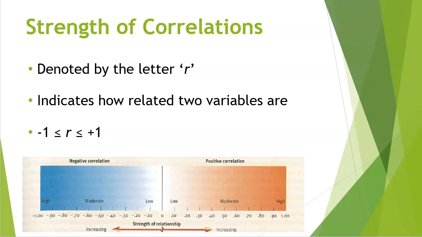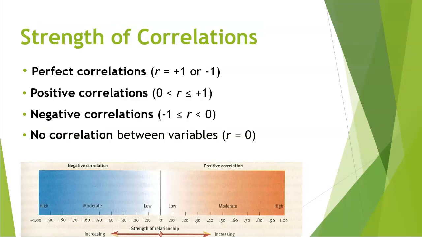So remember, with correlations, we talk about a correlation coefficient, which is represented by the letter R, and that will tell you how strong a correlation is, whether it's strongly negative or strongly positive. A -1 is a strongly negative correlation, and a +1 would be a strong positive correlation. So a perfect correlation can be either a +1 or -1.